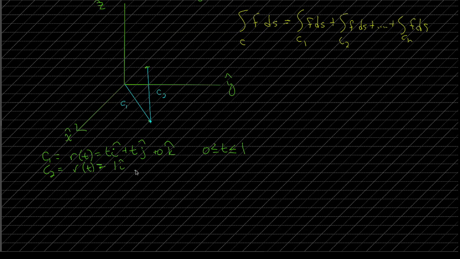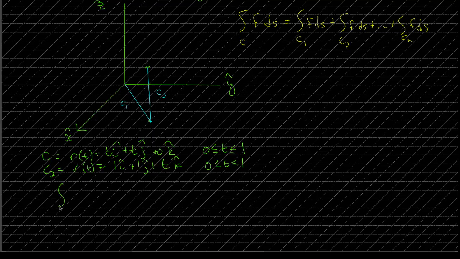Because we're fixed here, plus 1 j hat, and the parameter t is going to go up k hat. So we move from here to here, we stay fixed here, and we move straight up. And that'll happen also from 0 to 1. So notice in parameterization, even though we're working our way across these two line integrals, as the t parameter moves, we're moving across this one while also going up this one.